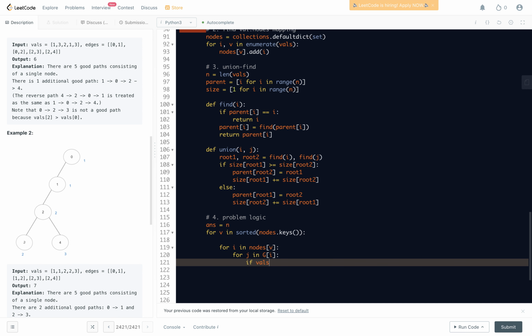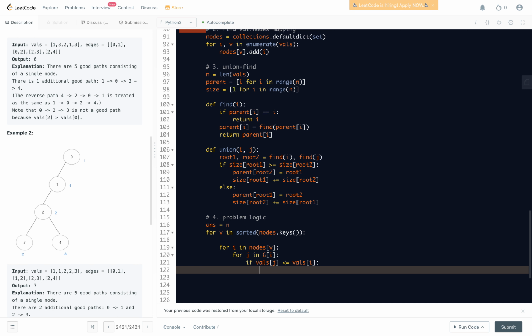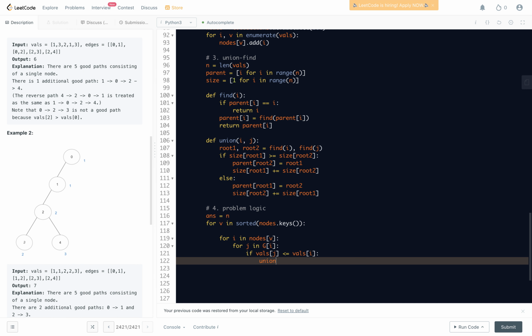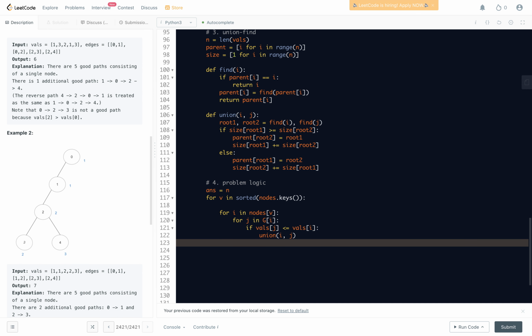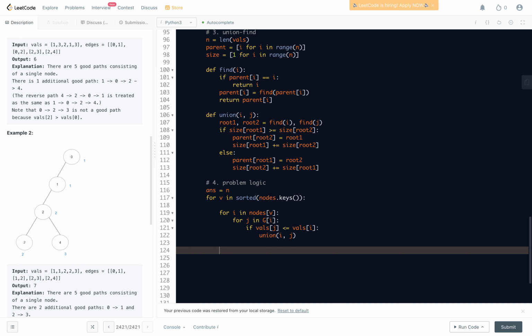Now for j in the neighbor of this node i, if values j is less than or equal to value v, so actually this values i is nothing but v. Let's first keep this, and if this is the case, we are going to do a union operation.